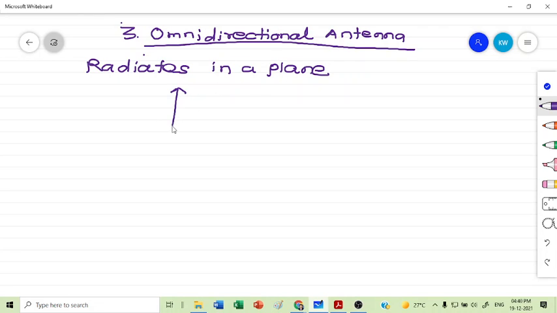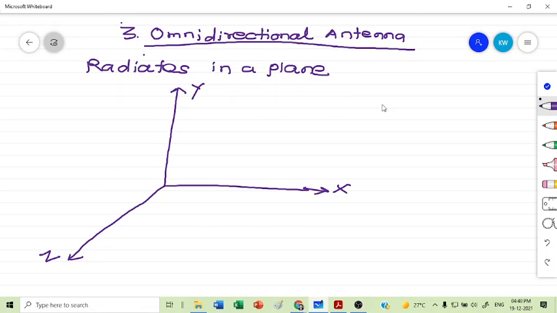Now let us have a look at the radiation pattern of omnidirectional antenna. X-axis, y-axis and z-axis.